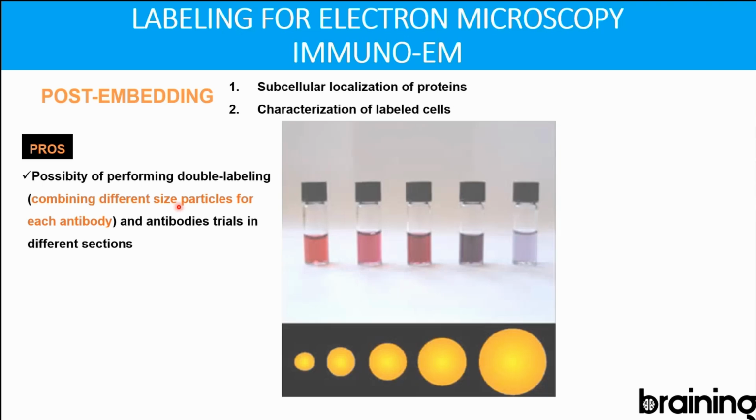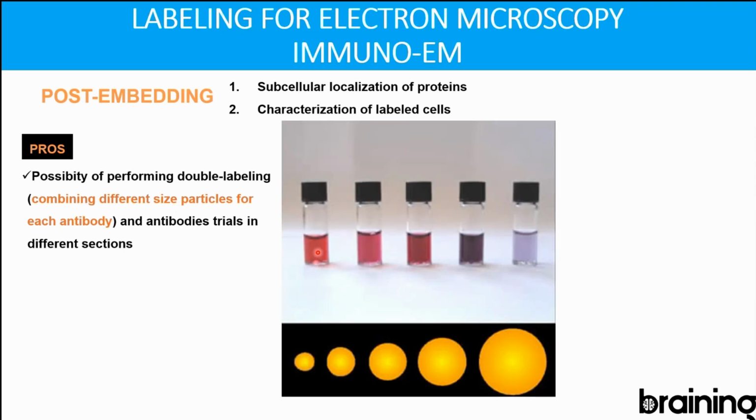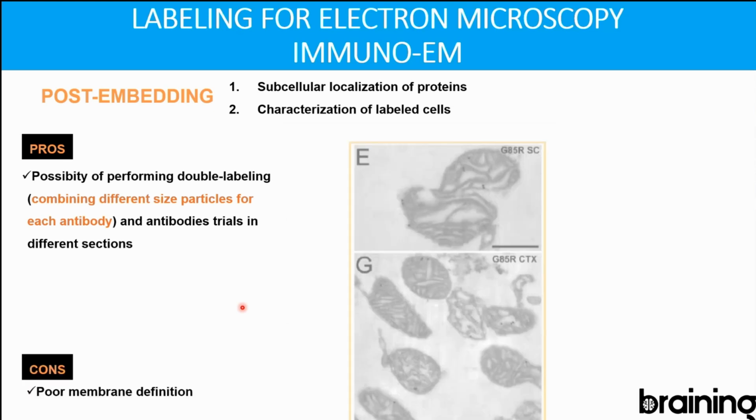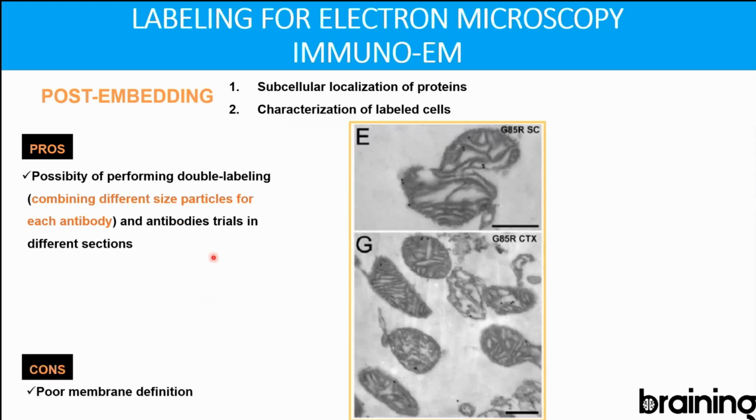I wanted to show you here the different concentrations of colloidal gold and different size particles of the colloidal gold. So you can combine which antibody is recognizing which, okay? So you can use different antibodies in different sections or even in the same section, okay?